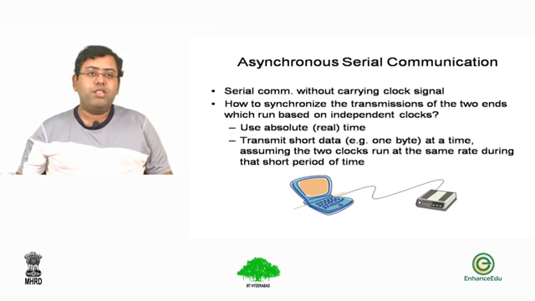Typically, the convention is that we transmit 1 byte of data at a time, but then there have to be markers to indicate the start of transmission and end of transmission. This is basically ensured with the help of start and stop bits. Similarly, we also need to ensure that there is no flipping of bits at the time of transmission. So there is a parity bit also being provided in addition to the start and stop bits.